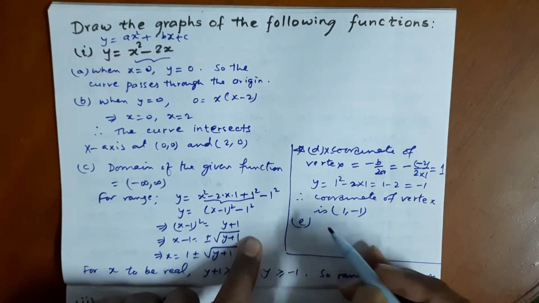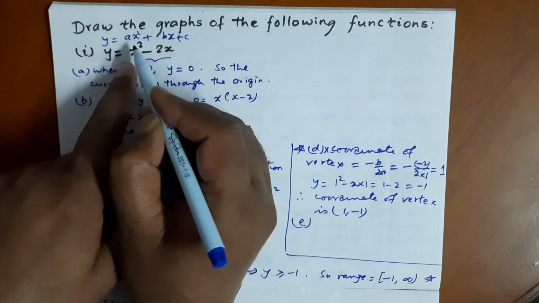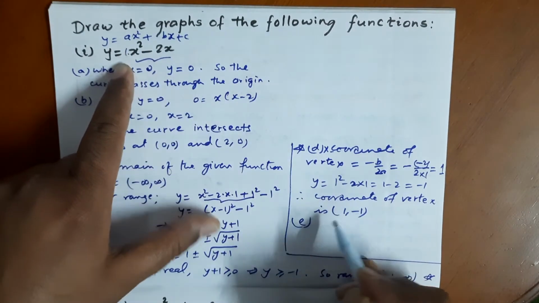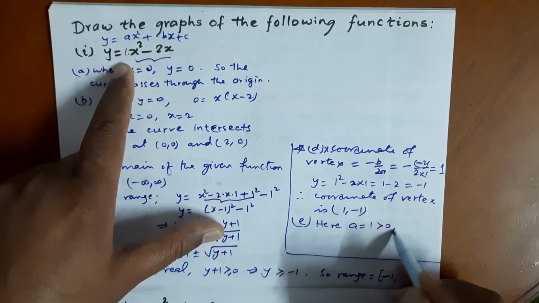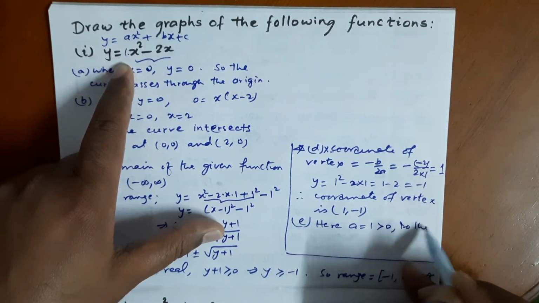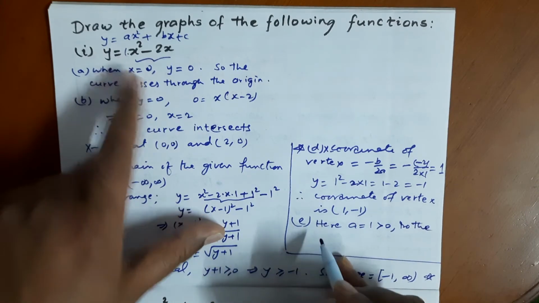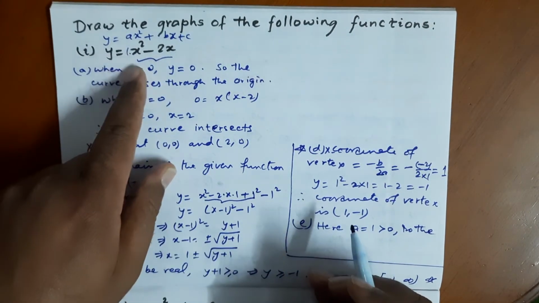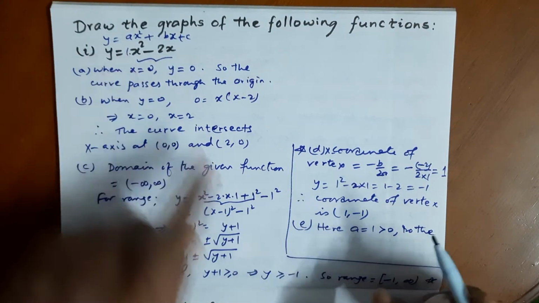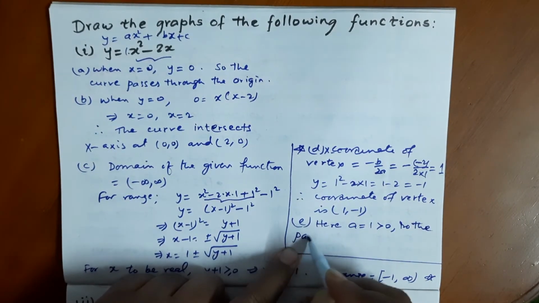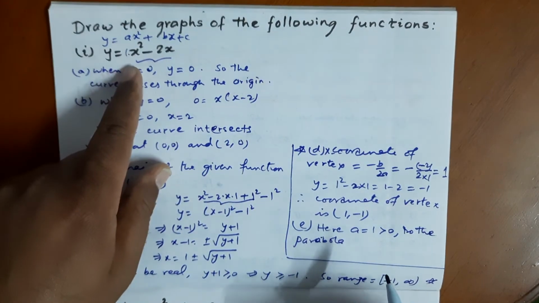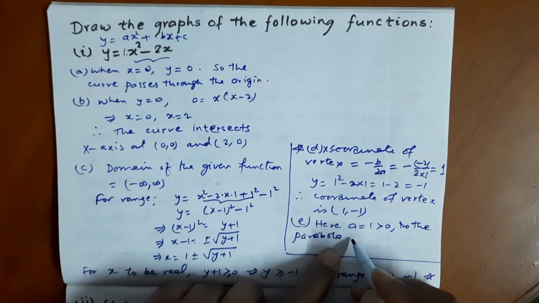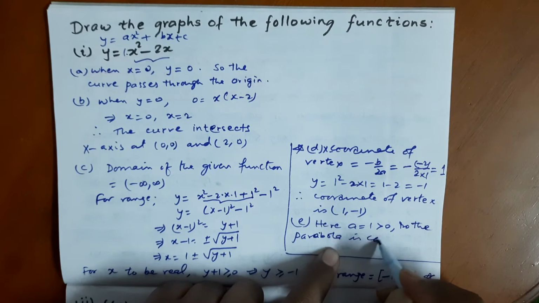We can also include one more characteristic: if you compare, the value of a is 1, a equals 1 bigger than 0, so this quadratic equation represents a parabola, and the parabola or curve represented by this equation is concave upward.